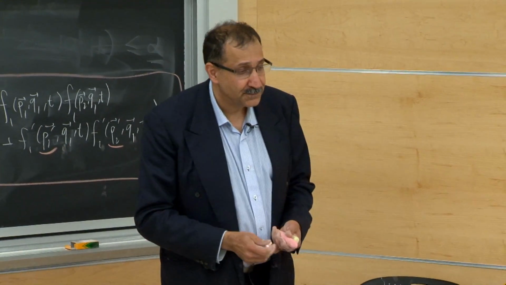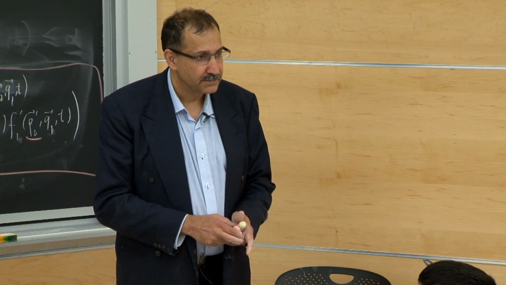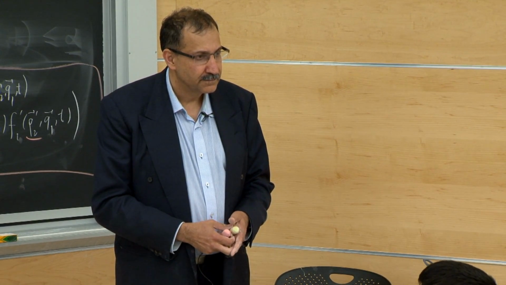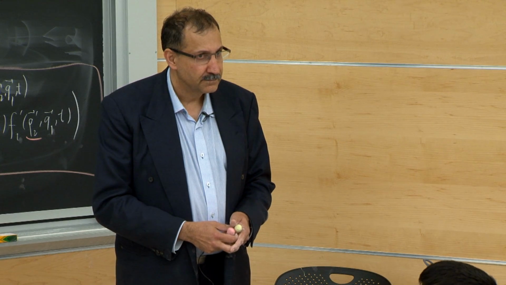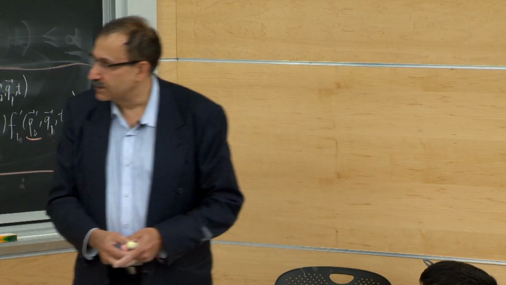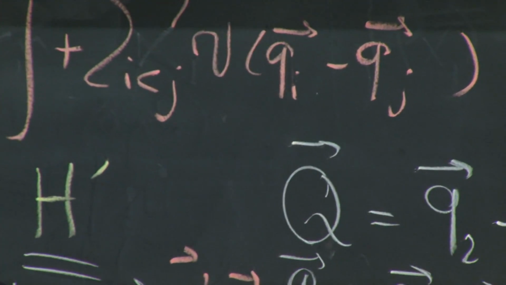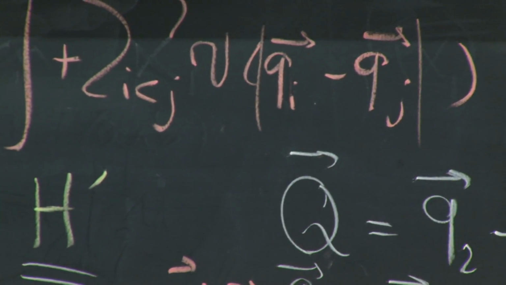Yes? So there was an assumption that all the interactions between different molecules are central potentials, right? So that the force of interaction between two particles lies along the line which connects them. For the things that I have written, yes. So I should have maybe been more precise. I should have put absolute value here.